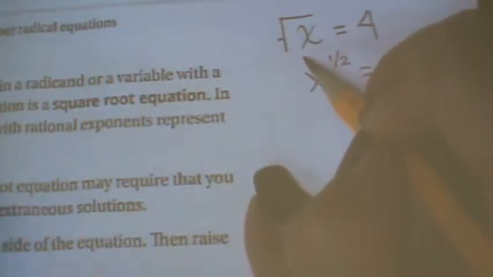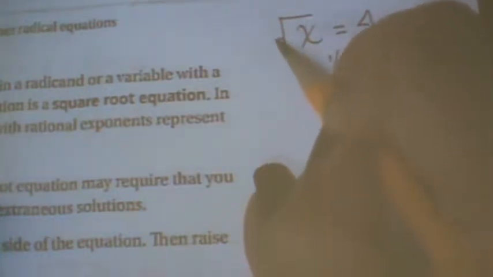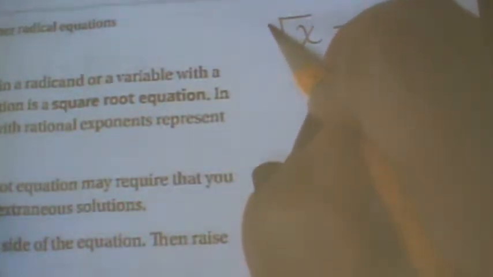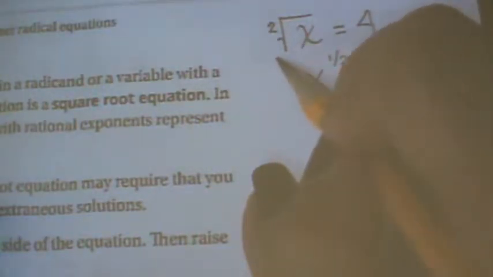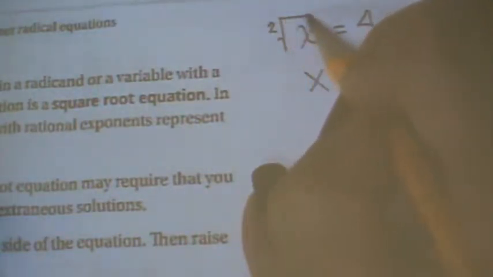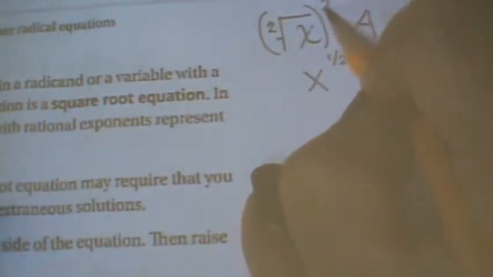When we did square roots, or cube roots, or fourth roots, how many of a kind is based on what? What's that little number called? The index. So in other words, the only way to get this radical out of the way is if you had 2 of them.